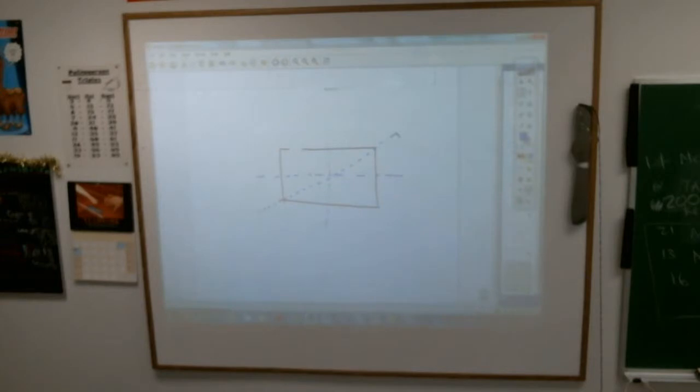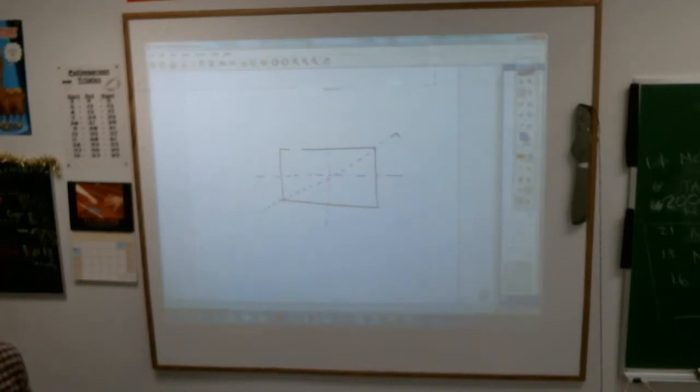If I go on the diagonals of a rectangle, mind you, this is not a square, best I can, I missed by a little bit, but this is what happens. They don't match up. They go kind of down the middle, but the corners don't match up.